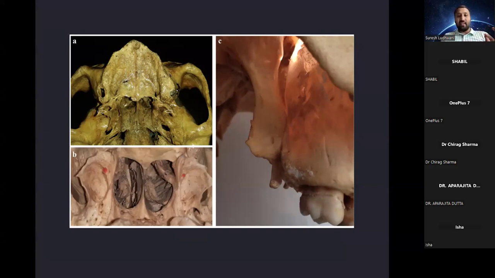One, the maxillary tuberosity, which you can see on the right hand side. Second, the pterygoid plates. And third, a triangular bone which is a continuation of the palatine bone, which merges the tuberosity and the pterygoid plates.